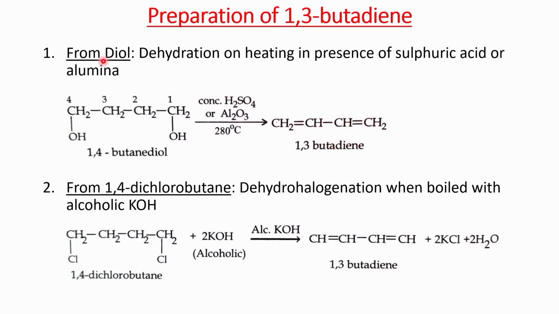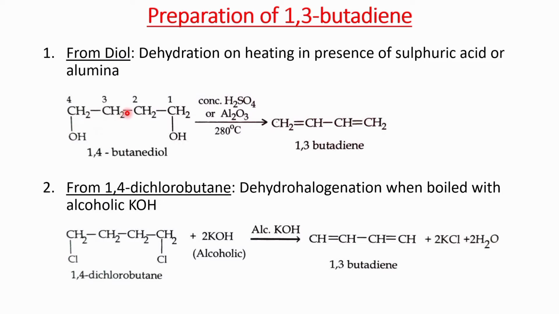The first preparation is from a diol. A diol is a compound having two OH groups in the structure. So this is 1,4-butanediol. This is heated in the presence of sulfuric acid, or you can take alumina in place of sulfuric acid. This is heated at approximately 280 degrees Celsius. So it gives 1,3-butadiene.